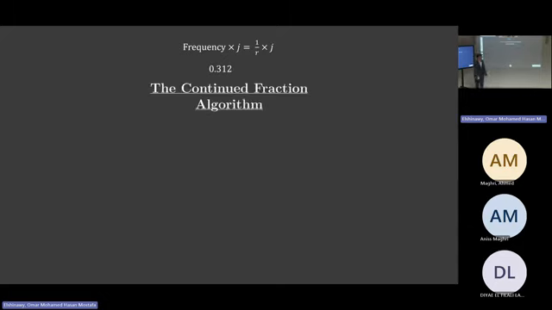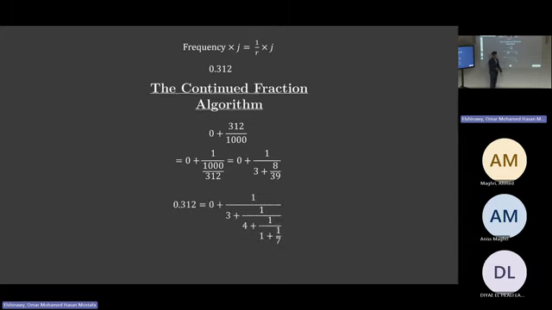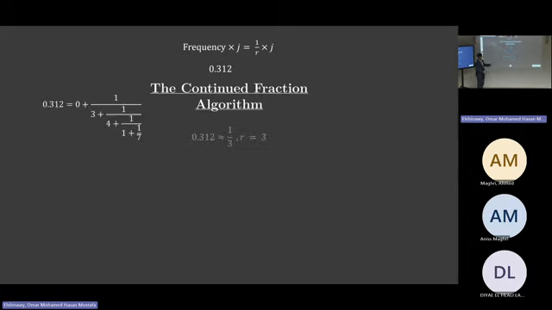How does it work? Take 0.312, for example. Make it a fraction. It's equal to 0 plus 312 over 1,000. Invert the fraction, and then simplify this expression. You get 1 over 3 plus 8 over 39. Then repeat the same process until you get 1 in the numerator. And then notice that each line in the fractions gives us a better approximation for r.